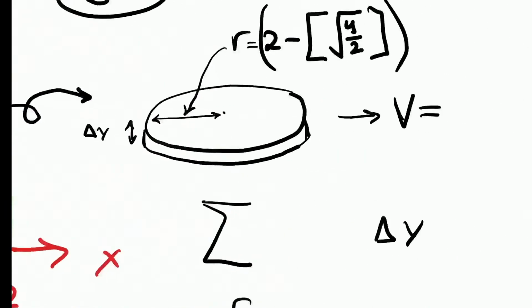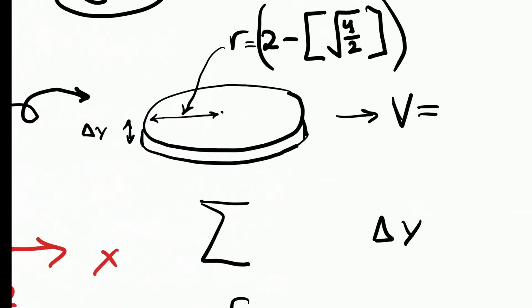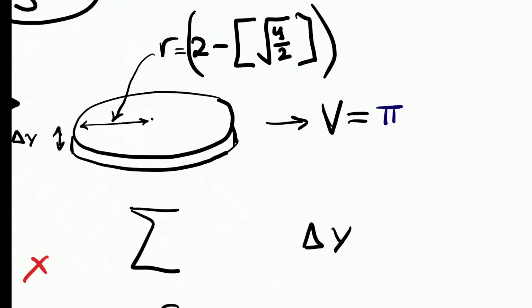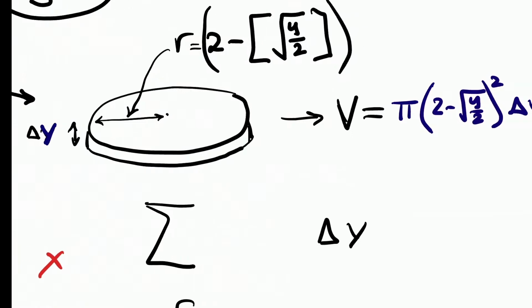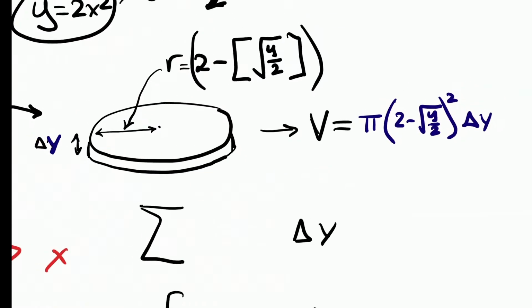All right, Michael, do you have our volume? Yeah. It would be pi times parentheses 2 minus square root of y over 2, parentheses squared, delta x. Delta y, you mean? Oh, yeah, this is a delta y. Very nice. So volume is pi r squared h. So pi times the radius squared times the thickness.